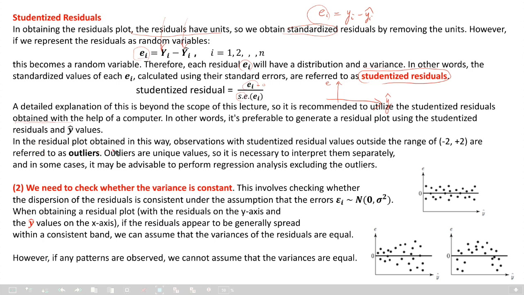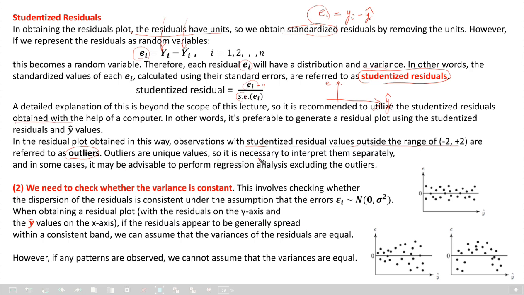In the residual plot obtained in this way, observations with studentized residual values outside the range of -2 to +2 are referred to as outliers, okay? Outliers are unique values, not many, just a couple of outliers in your data.